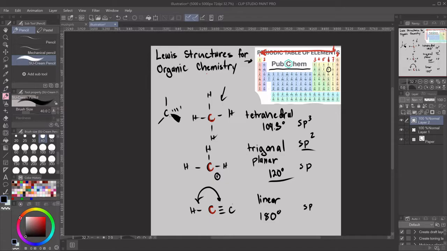For example, this solid wedge here is showing that something is coming out of the page towards us, and this dashed wedge is showing us that something is going into the page away from us. So this is a way of showing this 3-dimensional tetrahedral structure in a much simpler and faster way to draw, which is very important on exams.